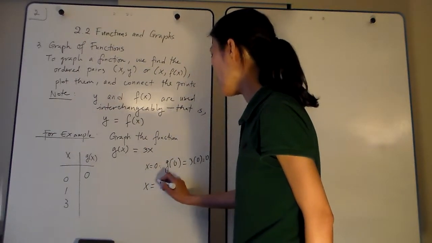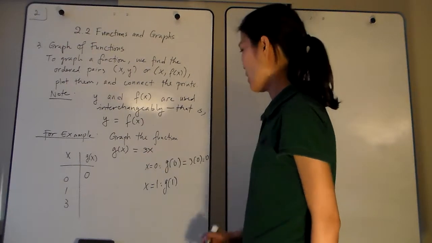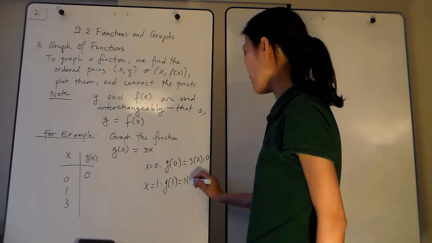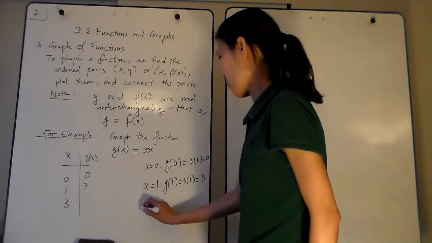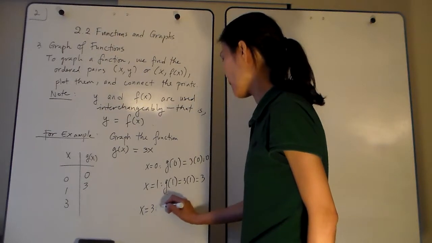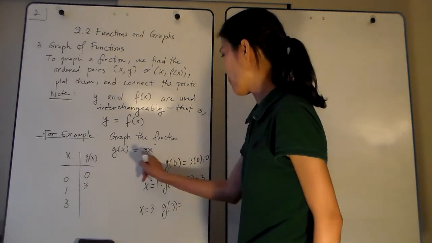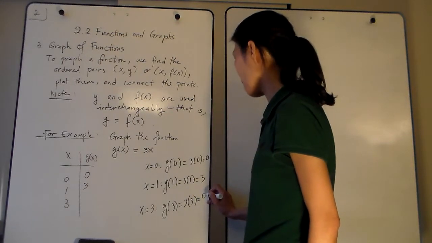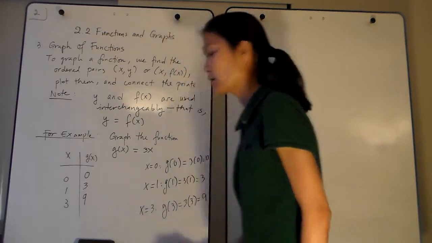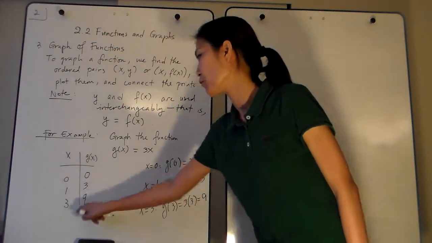When x equals 1, g of 1, replace x: 3 times 1, which is 3. When x equals 3, replace x with 3. We have 3 times 3, which is 9. So now we have 3 ordered pairs: (0, 0), (1, 3), and (3, 9).